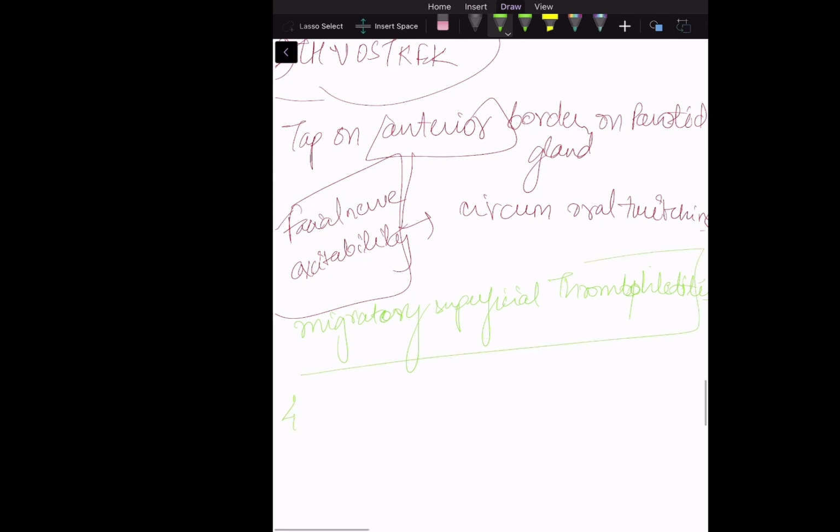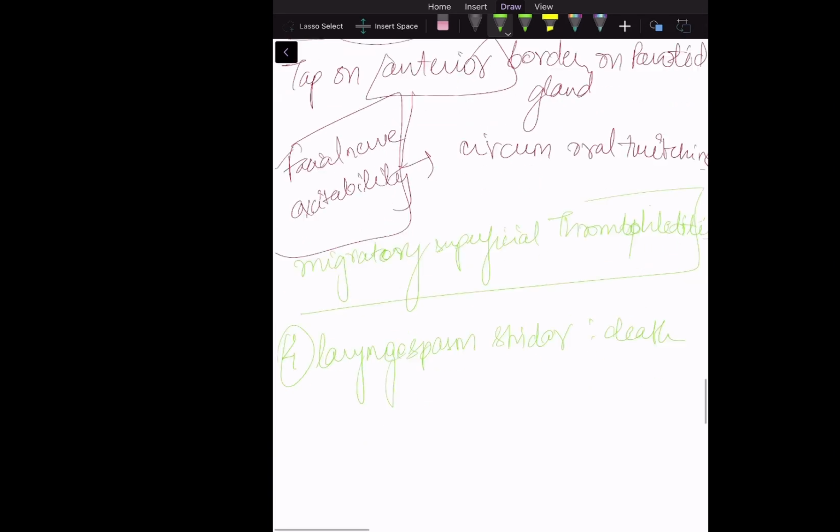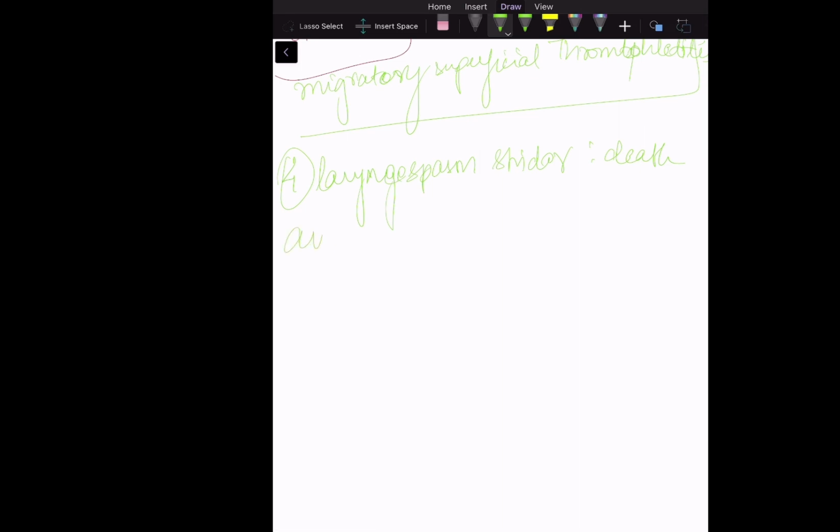Then the fourth is laryngospasm, stridor, which can be fatal actually. It will be laryngeal edema. In anaphylaxis, it is laryngeal edema. Okay, let me write anaphylaxis, laryngeal edema.